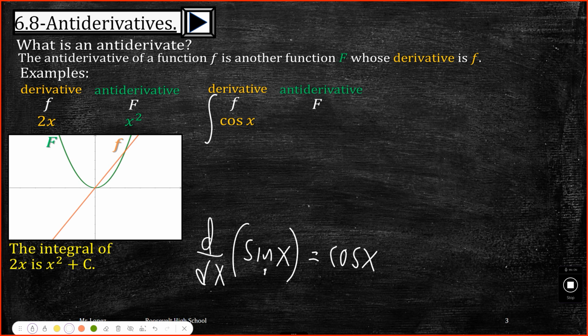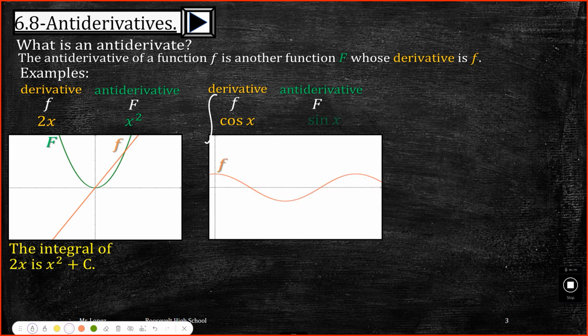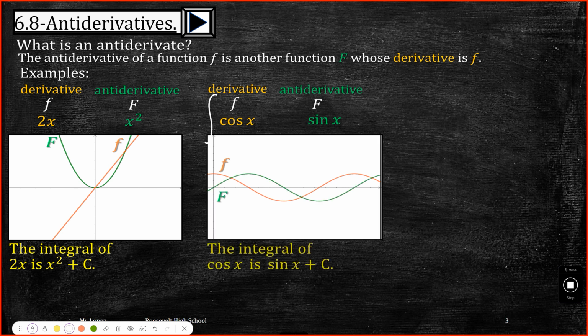But let's see what we'll answer. When you integrate this cosine x, oh yes, it's sine x. It's just sine x. Okay, so the integral of cosine x is sine x plus c. The derivative of cosine is what? Negative sine.